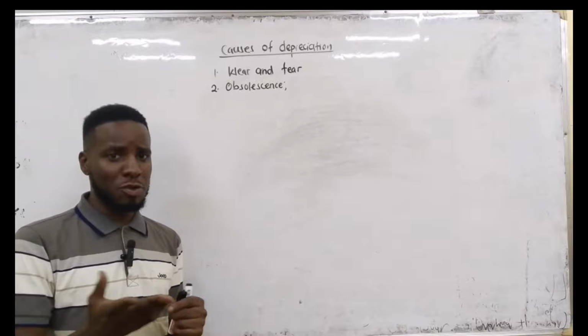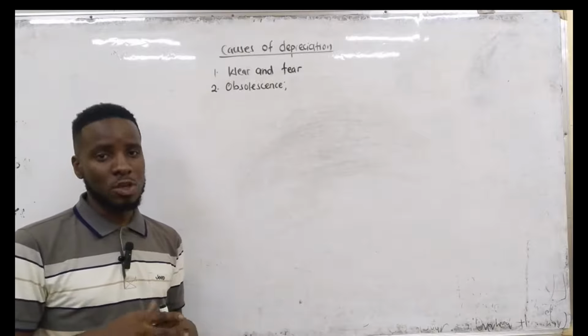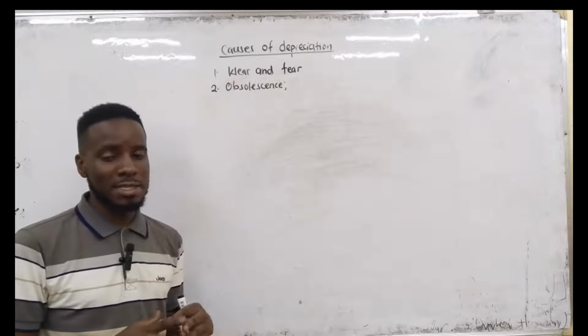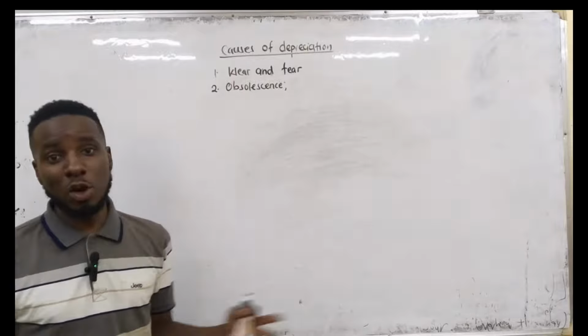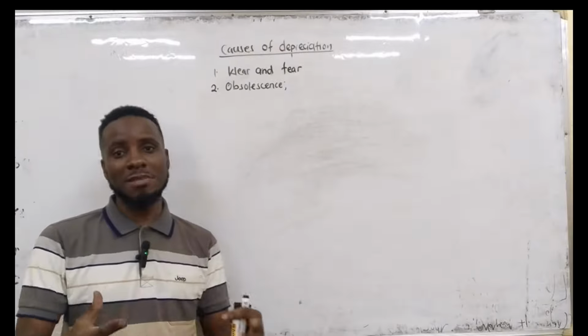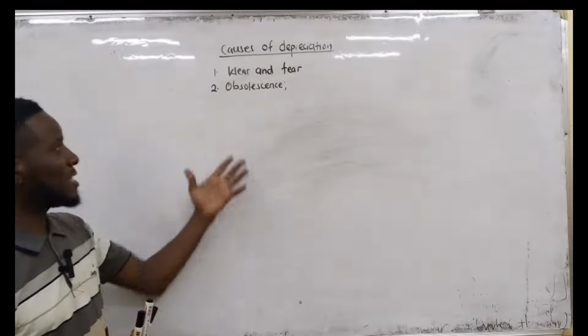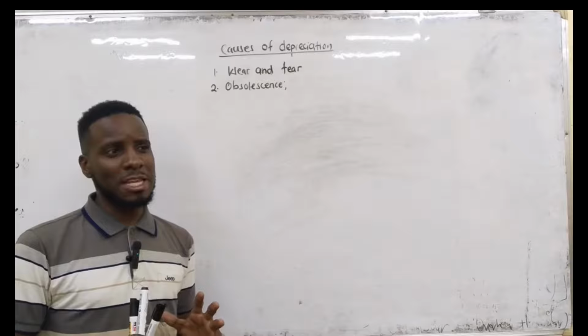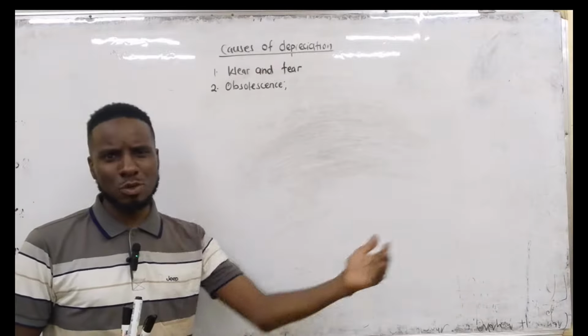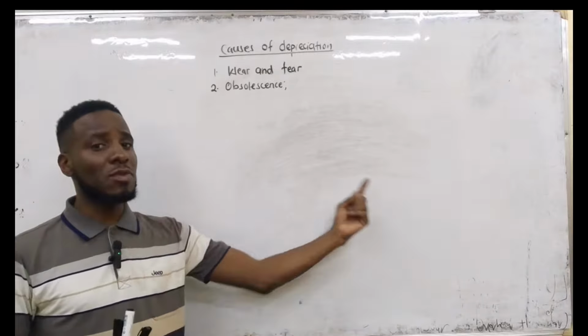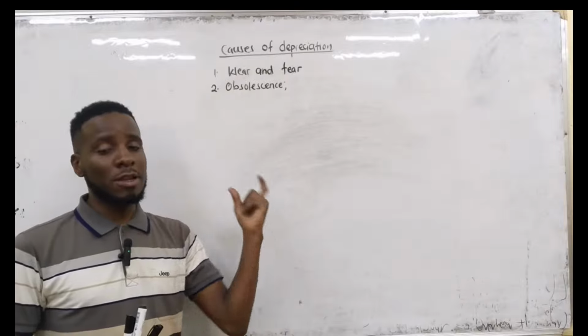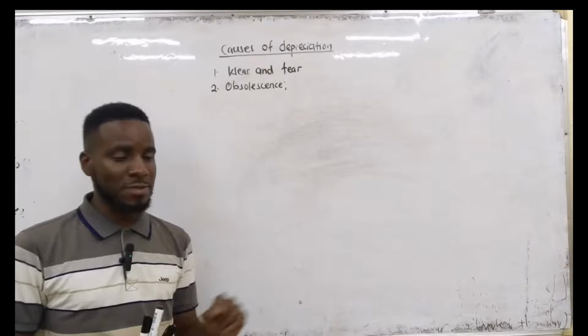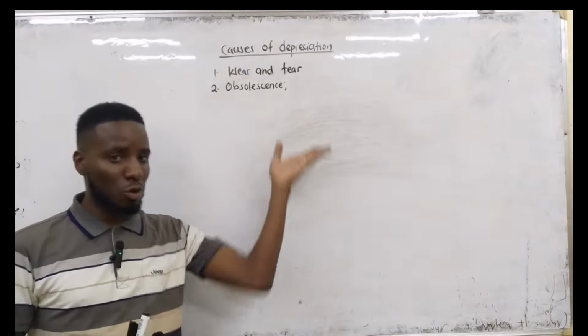Very many of you know very well that back in the day, we used to have what they call typewriters. These typewriters were in all businesses. But then as computers came up, you realize that the typewriters began to lose value. Now, the emergence of computers led to the fall in value of the typewriters. That's what I mean by obsolescence.